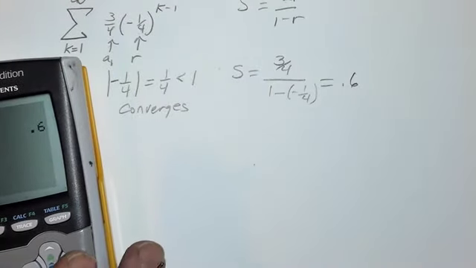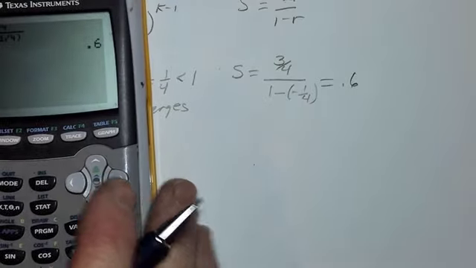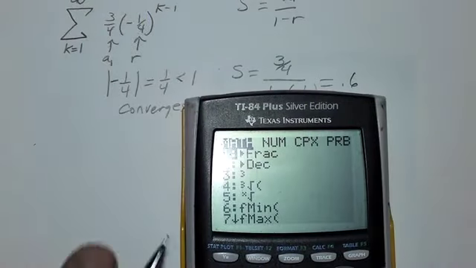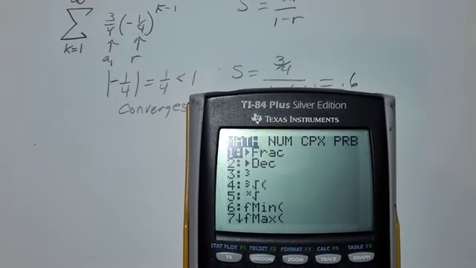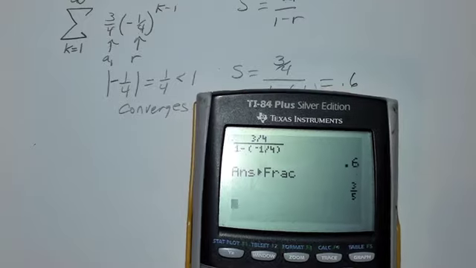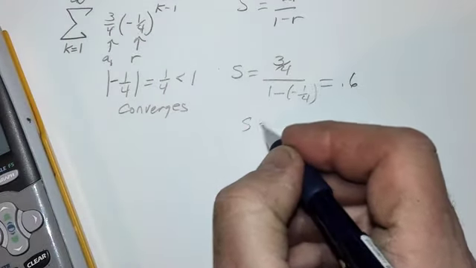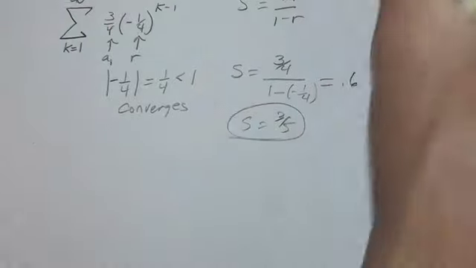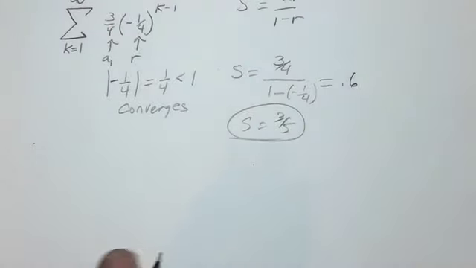If I wanted that as a fraction, I could do math and choose number 1 right there, Fraction. And it gives me the answer is 3/5. Or s equals 3/5. I don't care. You can leave your answer as the decimal. That's fine with me. All right.